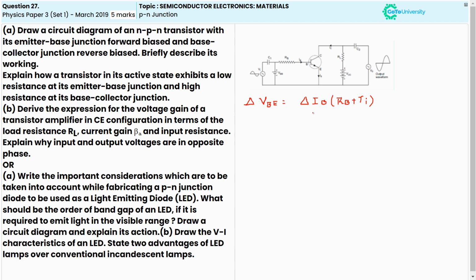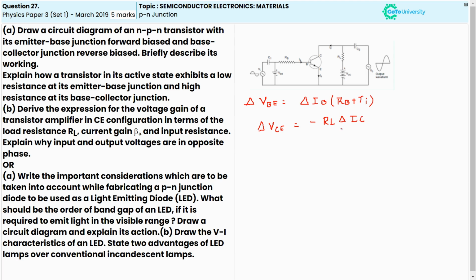Then for the output loop, delta VCE is equal to minus RL delta IC.